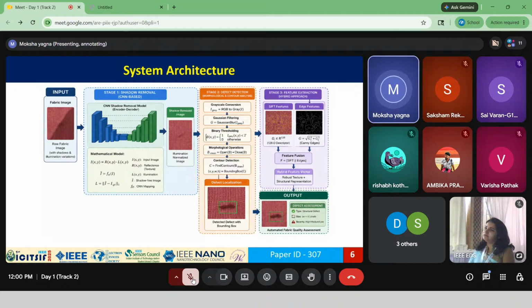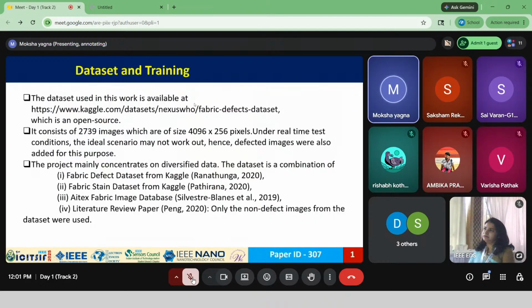Then morphological operations are done so that nothing else affects the defect detection. After that, we go for stage three, feature extraction. Here we take the images and make a boundary so that we can easily identify where the defect is. That is the system architecture we have.